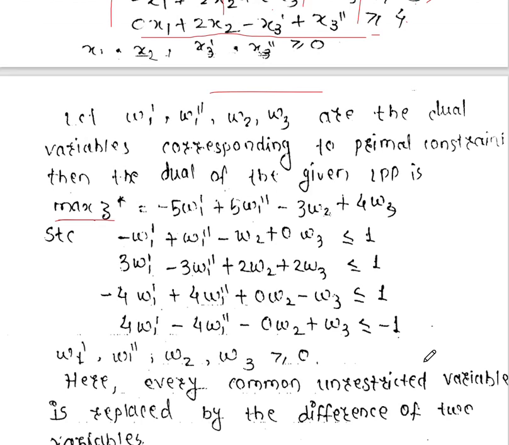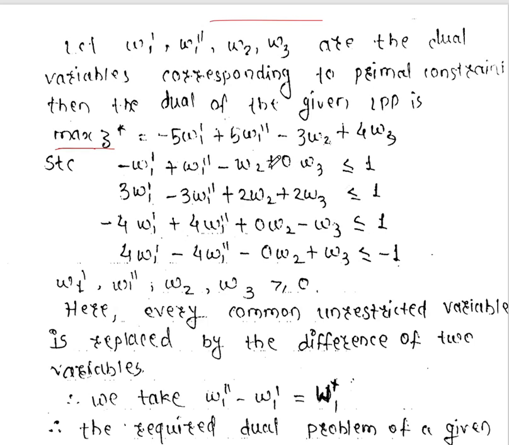Now if you observe here, w1 double dash minus w1 dash equal to w1 star. That means there is a common difference between two variables.